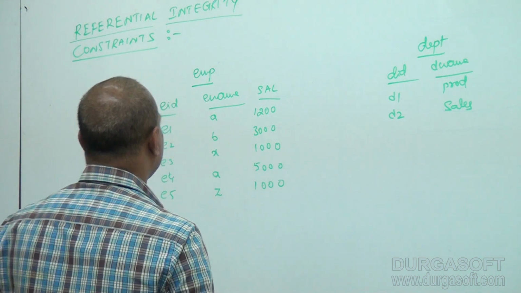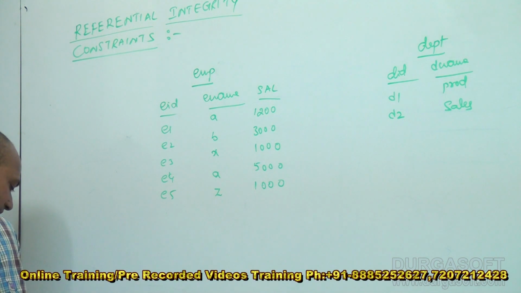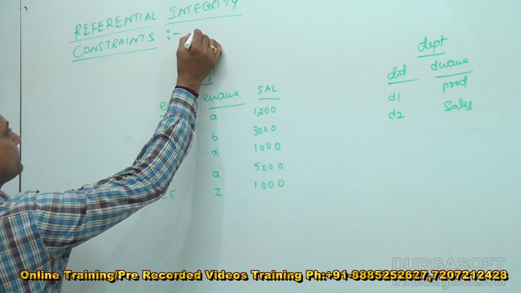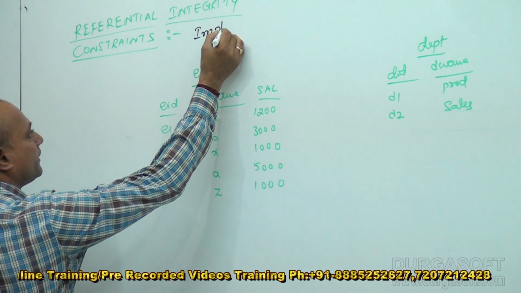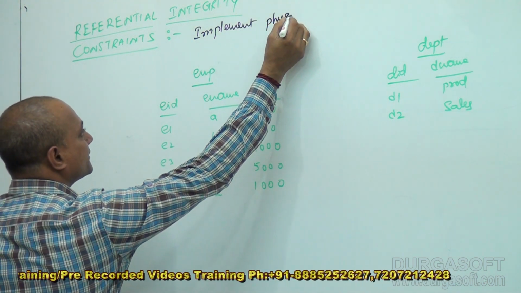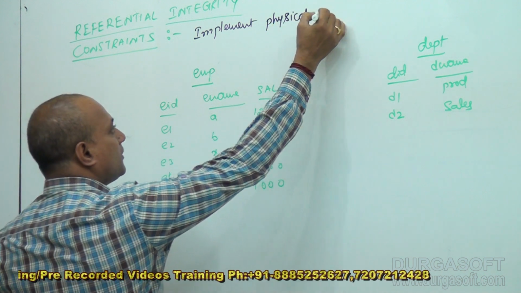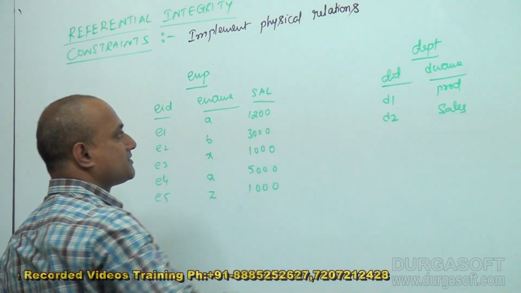How can I implement a relation? Listen carefully. We can implement a physical relation by using integrity constraints. This is important, because on this concept we have joins and subqueries.